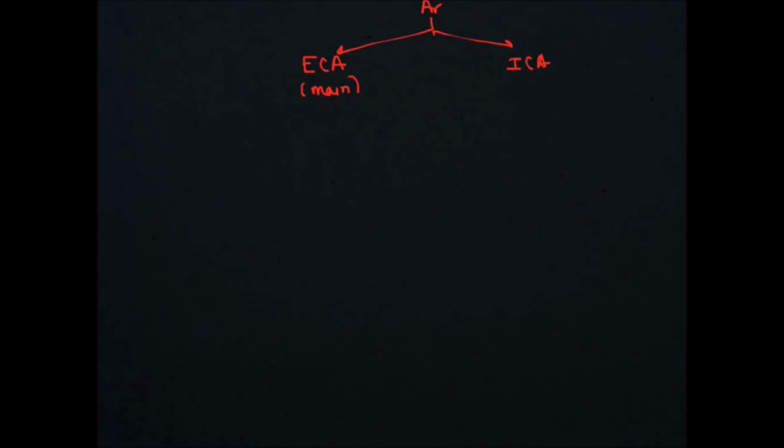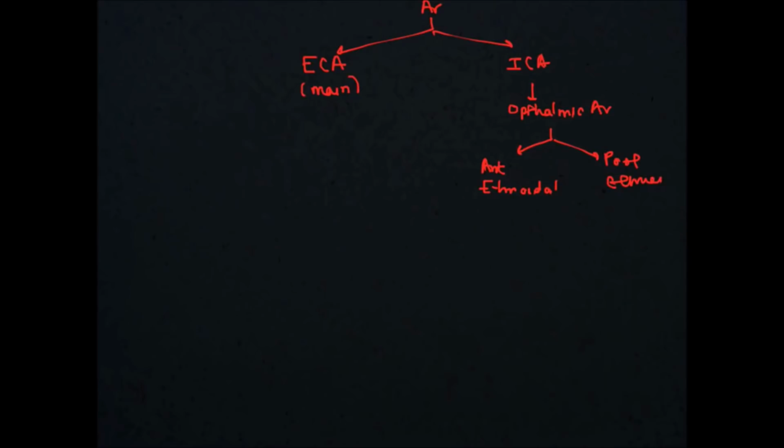Internal carotid artery, once it enters the cranium, gives the ophthalmic artery. Ophthalmic artery gives branches named anterior ethmoidal and posterior ethmoidal.